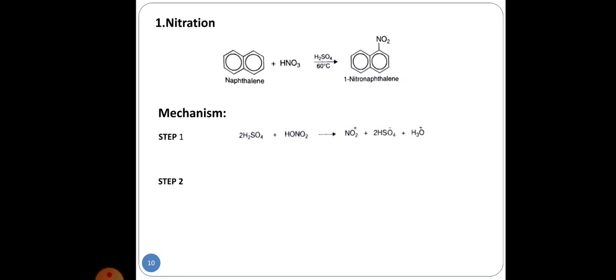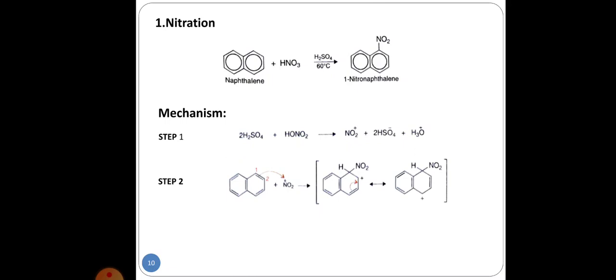In the second step, the electrophile attacks naphthalene at C1 to form the resonance stabilized carbonium ion.